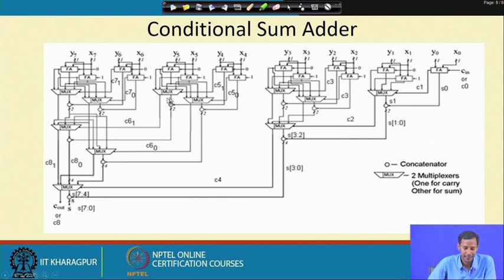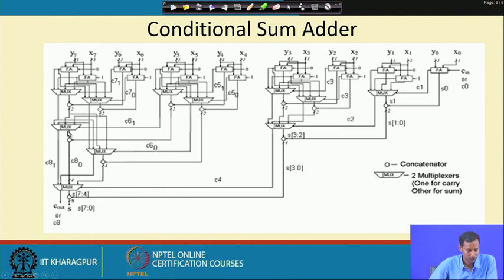The carry generated from this particular cell will affect this one. Here, this cell's carry will again affect this particular cell. That is why I need these two multiplexers.